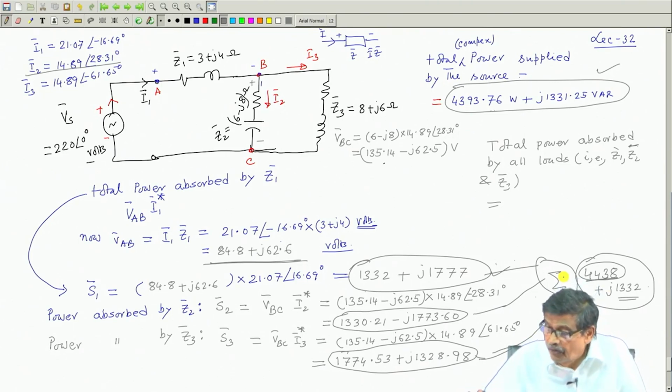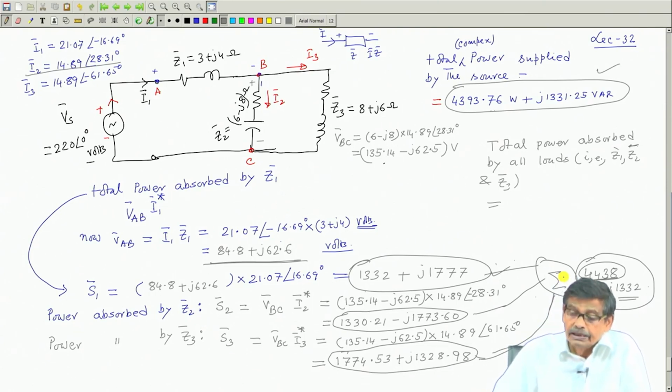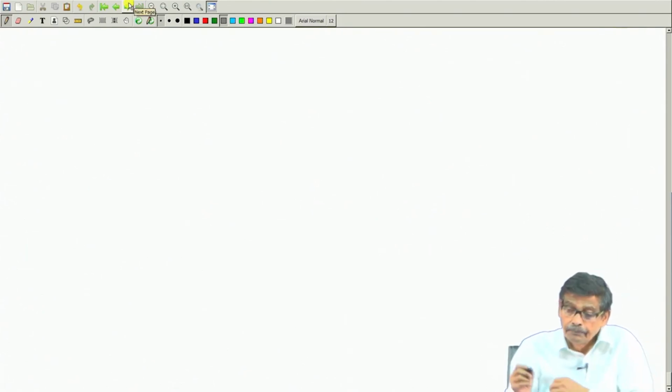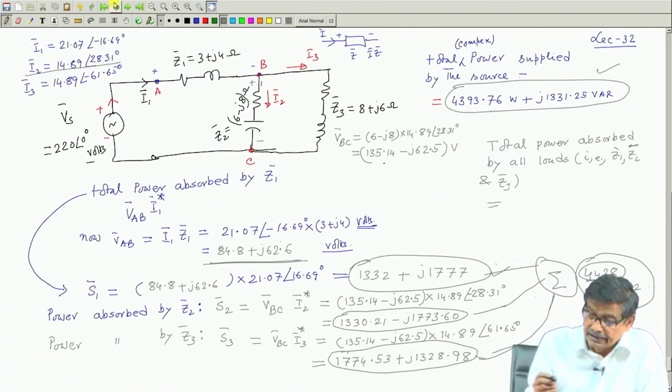The sum of all these things on the load side and the source side must match. Therefore, in an AC circuit, the source must be able to provide the reactive power.